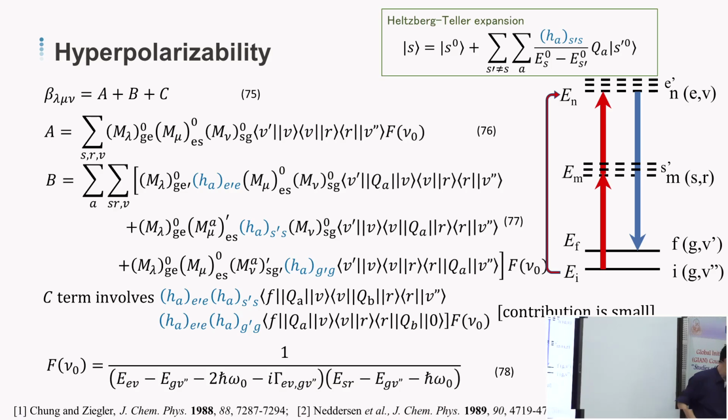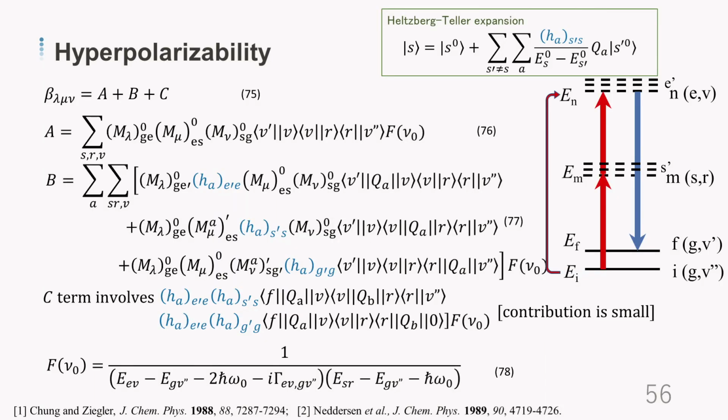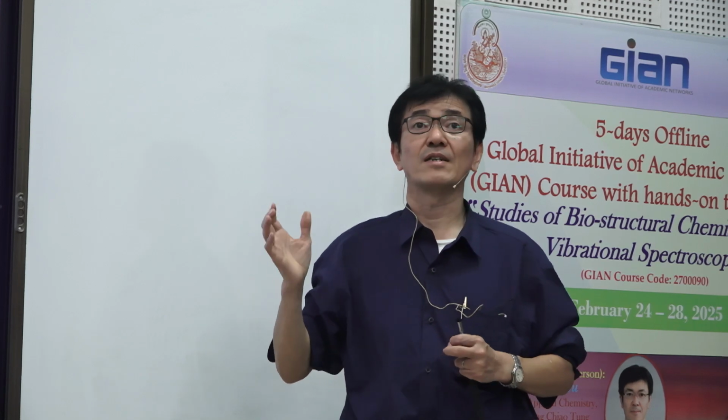Okay. So this is all for today's talk. It's 1 hour. Okay. So I explained how to formulate the Raman scattering process, and I explained mixing of the electronic wave function.